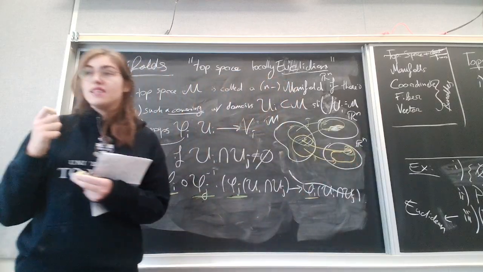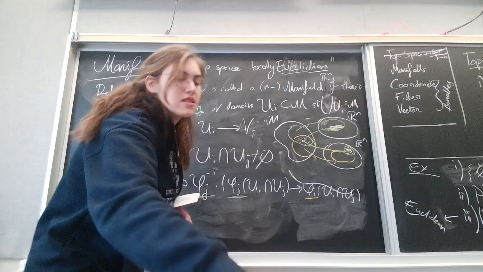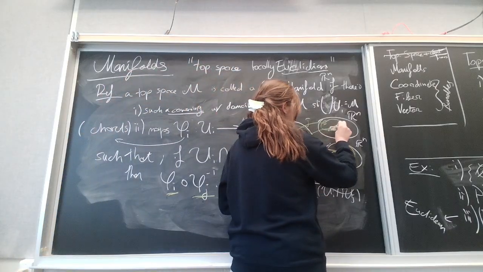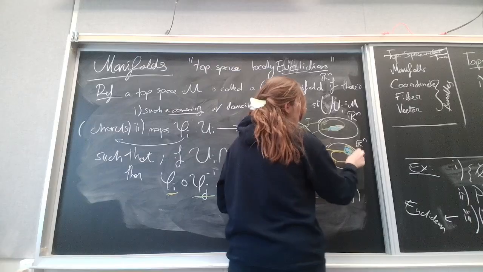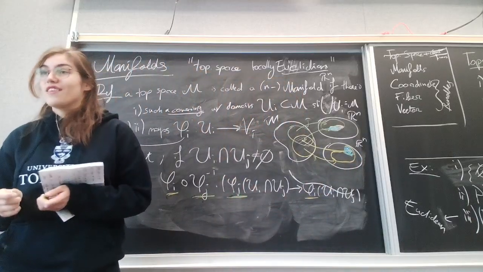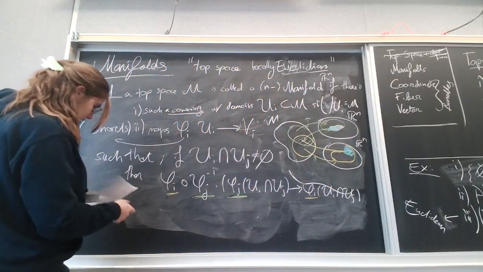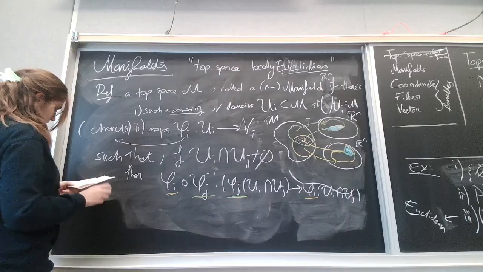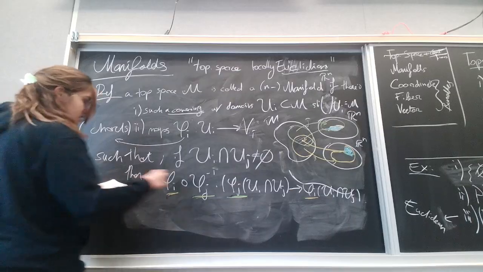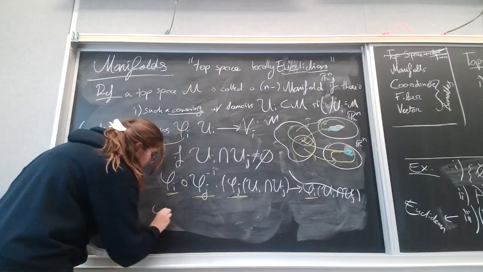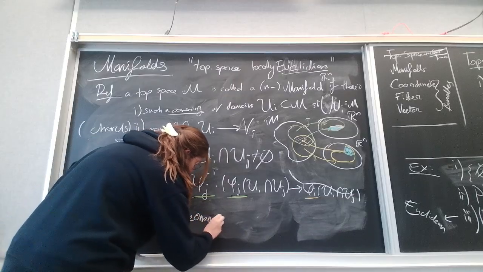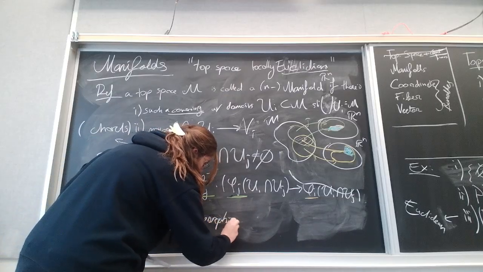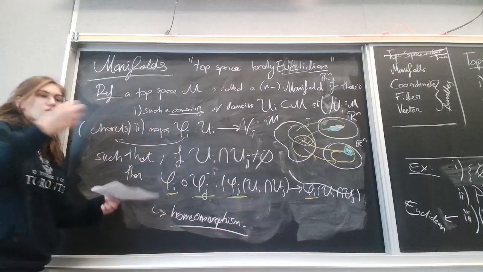Now the claim is these two areas that coincide in the intersections are actually homeomorphic. So this function will then be a homeomorphism. So it should be continuous and invertible. Yes. And the inverse will also be continuous.